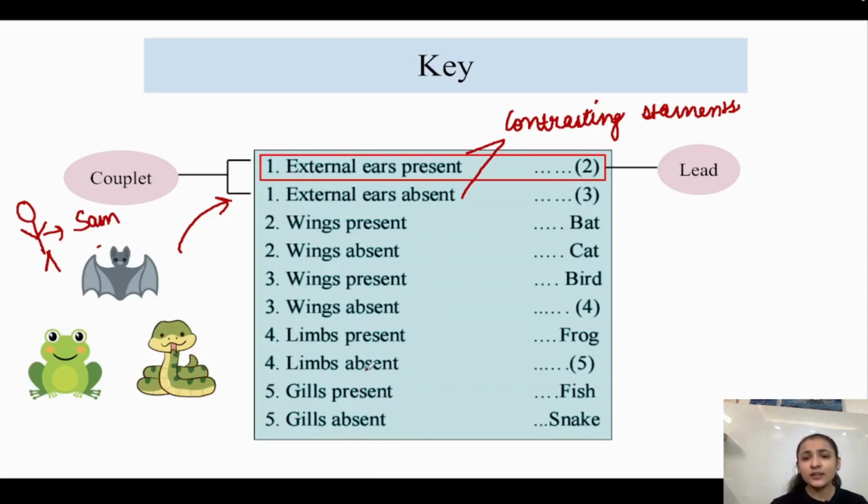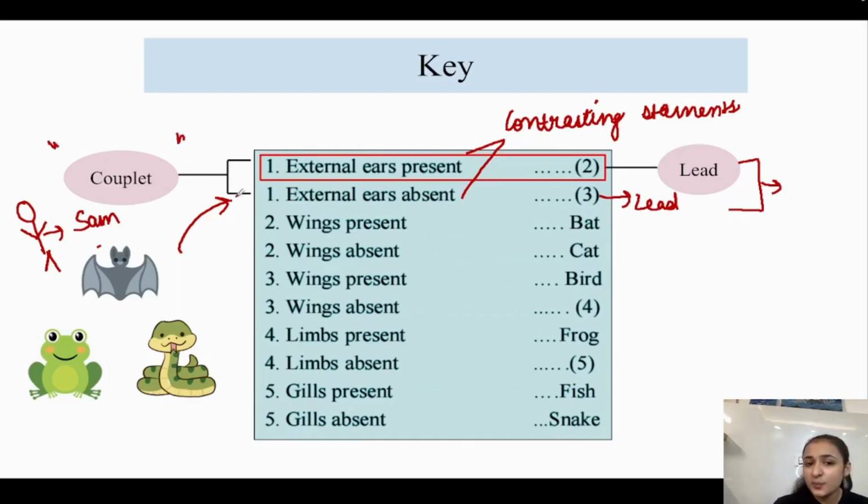Okay, this is how key looks like. And each statement of a pair is known as a lead. So this is also a lead, this is also a lead, and together two leads make up what? A couplet. So two statements of a pair are known as a couplet.